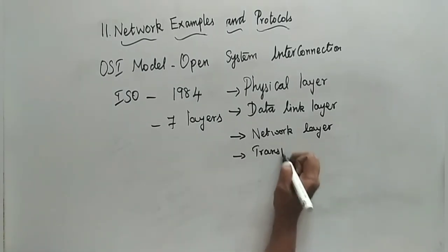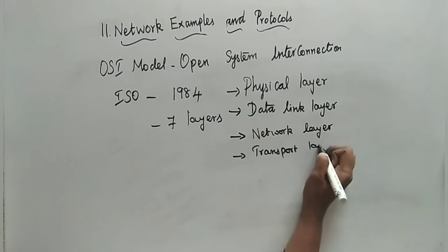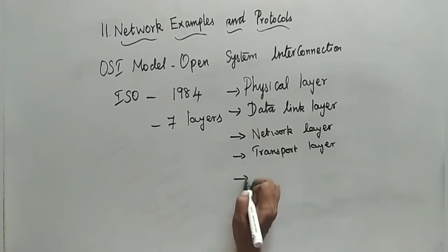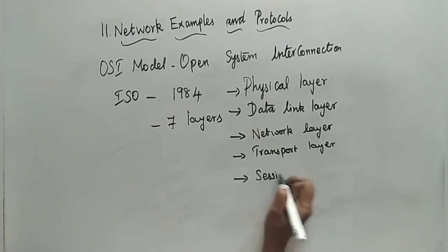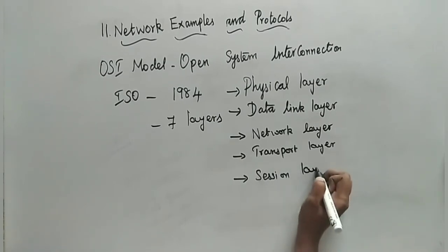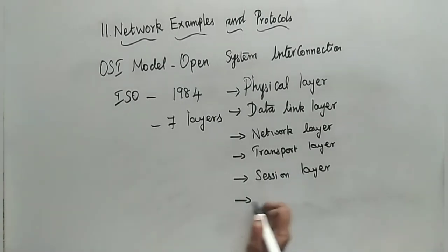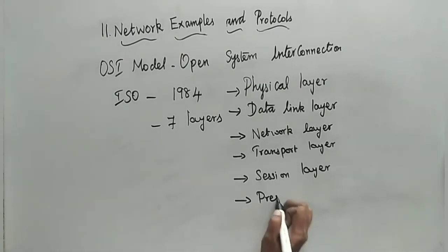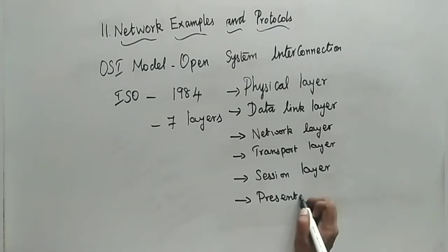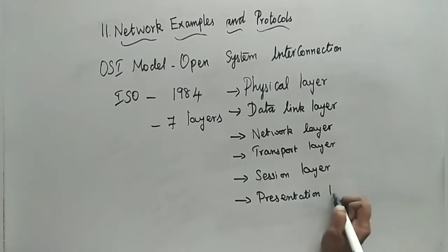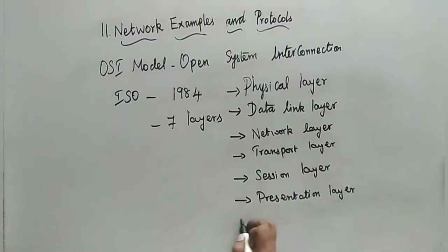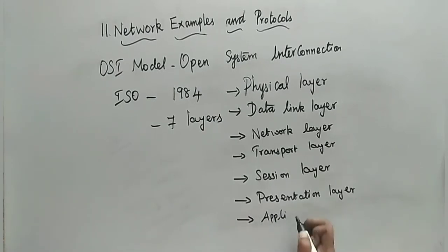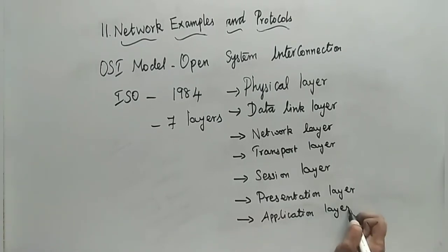The fourth layer is the transport layer. The fifth is the session layer. The sixth is the presentation layer, and the last one is the application layer. So totally we have 7 layers.